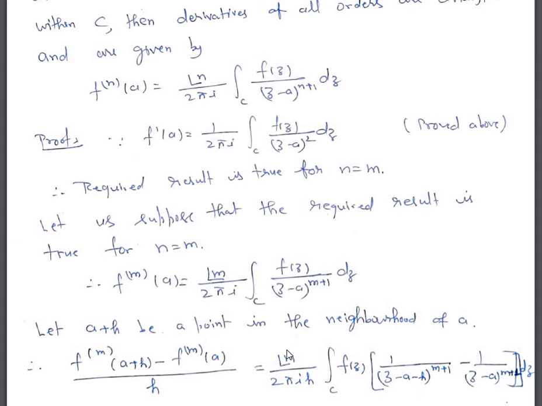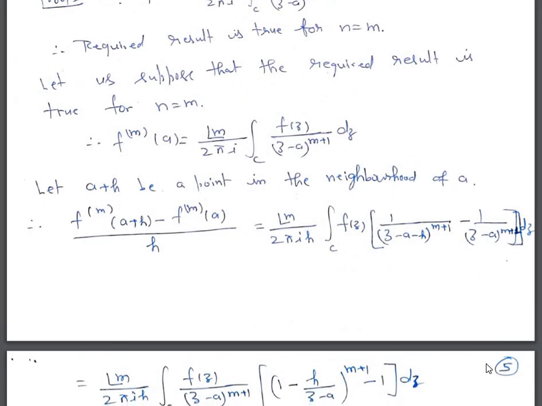And as in the previous theorem, we proceed and put the values. Factorial m upon 2 pi i h integral over C f(z), inside the square bracket we have 1 upon (z minus a minus h) to the power m plus 1 minus 1 upon (z minus a) to the power m plus 1, dz. Now take (z minus a) to the power m plus 1 common from the denominator.